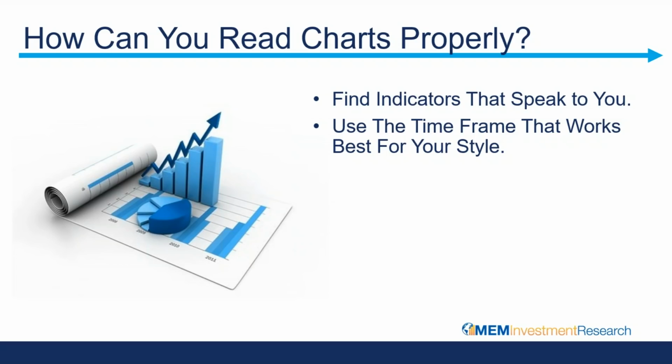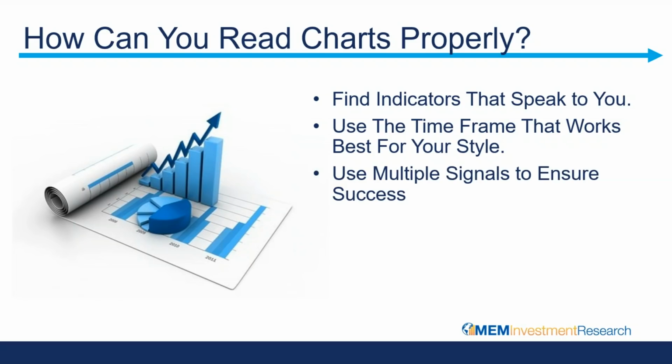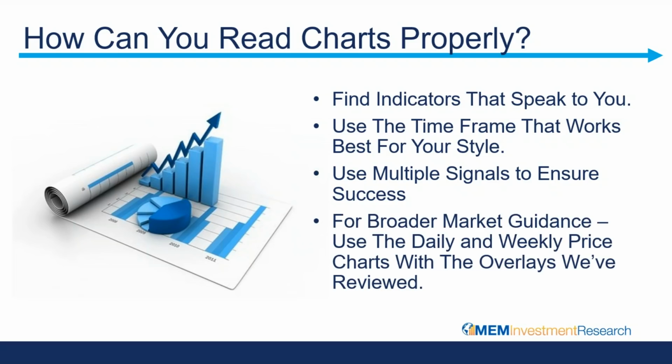And then, of course, the intraday for those that enjoy getting in and out of stocks on a daily basis. I also hope that you were able to see how you do want to use multiple signals. The more signals that are flashing either positive or negative, the more confidence you have to take action.